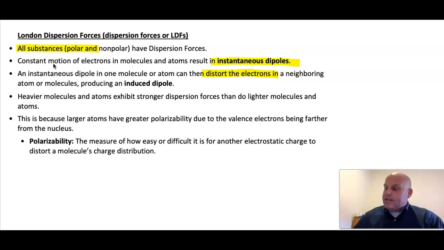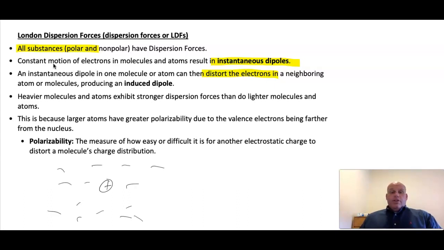If I think about our positive nucleus and our electrons, whether it's an atom or a molecule, in this electron cloud, because these electrons are moving, it's reasonable to think that at any given point in time maybe I get a situation with a lot of electrons over to one side of the molecule or atom. If that happens, you can see we get that partial negative region and that partial positive region.